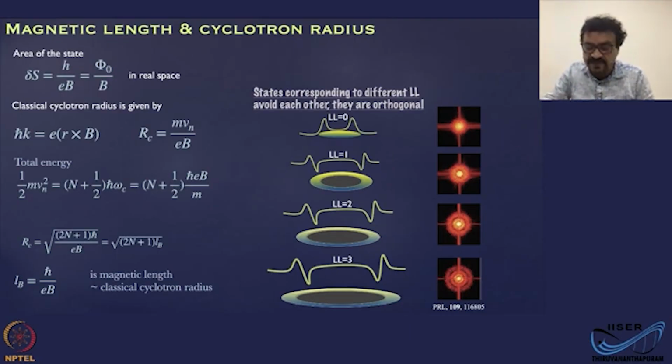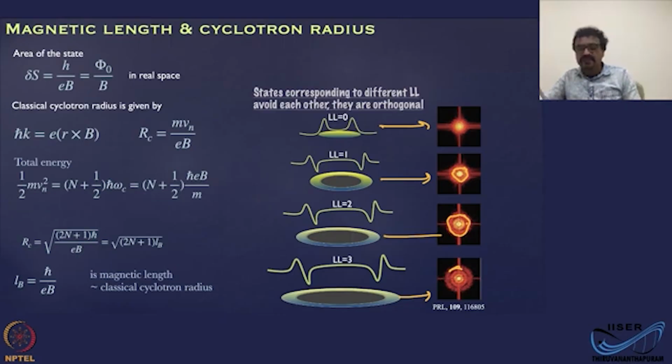They measured for various Landau levels. This is the lowest Landau level, then you can see the next one is larger. For the next one, there are 3 Landau levels now, 0, 1 and 2, so you can see 1, 2, 3, the largest one here. Then the next one is even larger. So this spread of these Landau levels has been measured experimentally also.